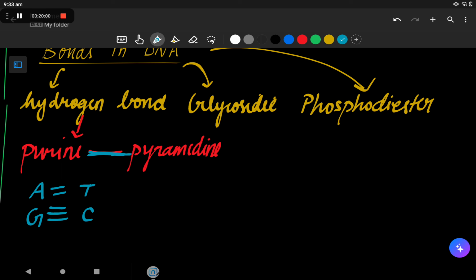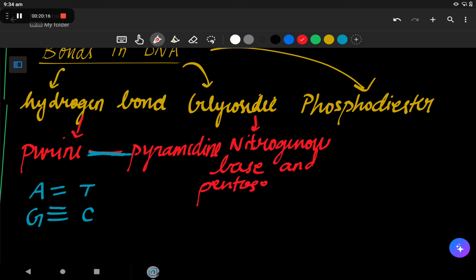So next we have glycosidic bond, a bond between a nitrogenous base and a pentose sugar. How can you remember? Glyco means what? Sugar.